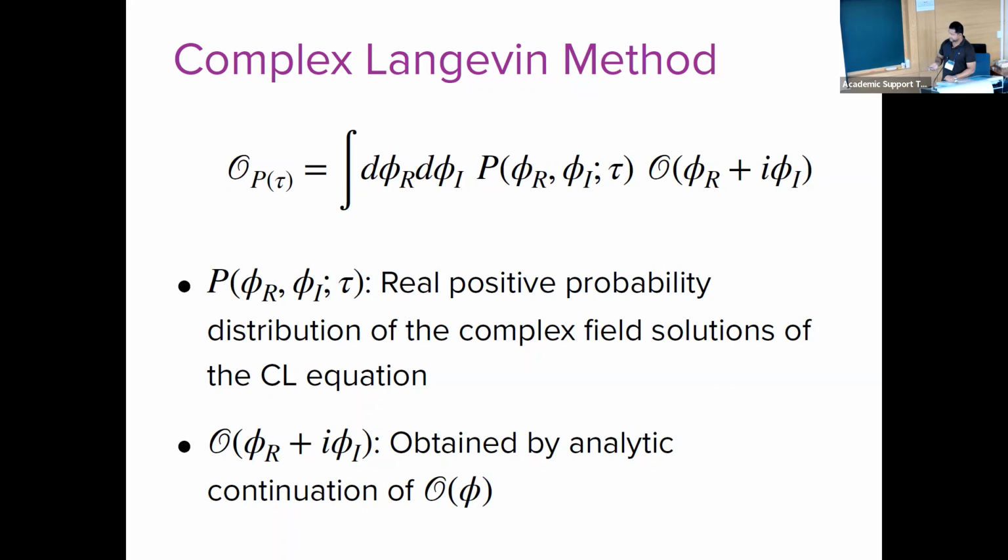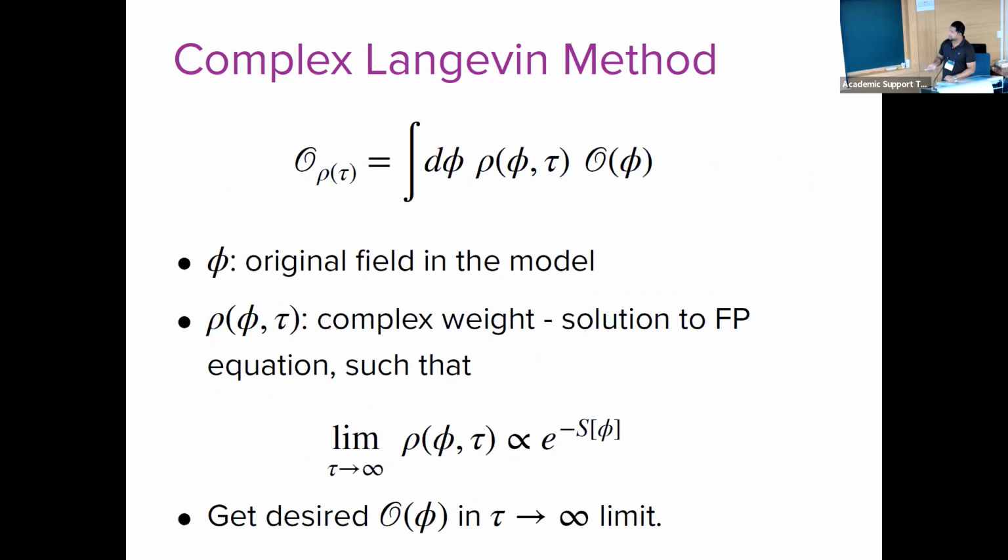So the idea is, we have a probability distribution rho for the original field, and we are going to replace it with a real probability distribution. This one is complex, and we are asking, can we replace it with a real probability distribution which contains two variables instead of one variable?